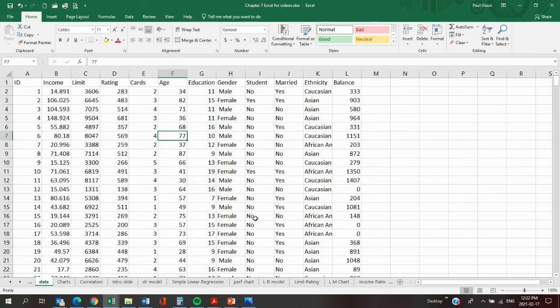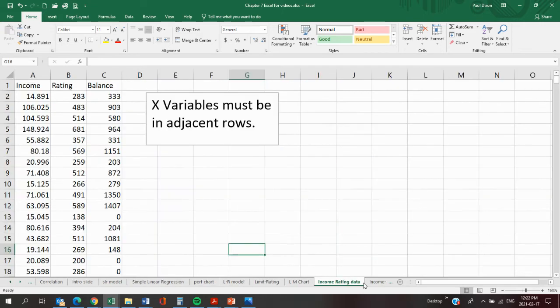Excel wants it as a block. So what I'm going to have to do is copy the two of these into a new sheet. That's what I've already done. I copied income into one column, rating into another, balance into a third. The variables have to be in adjacent columns because Excel grabs this as a block, grabs both together.